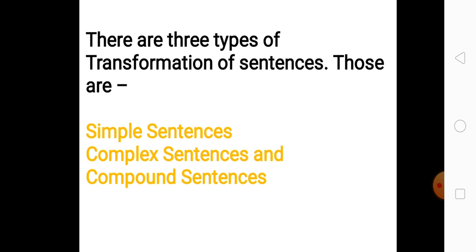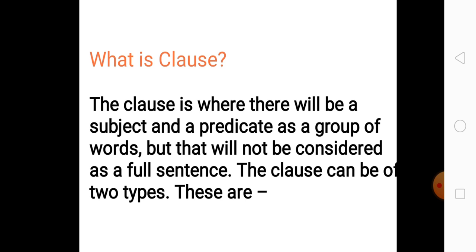So you all are familiar that there are three types of sentences: simple sentence, complex sentence and compound sentence. Now this categorization of simple, complex and compound is all done on the basis of clause. So the first and primary thing is you should know what a clause is.